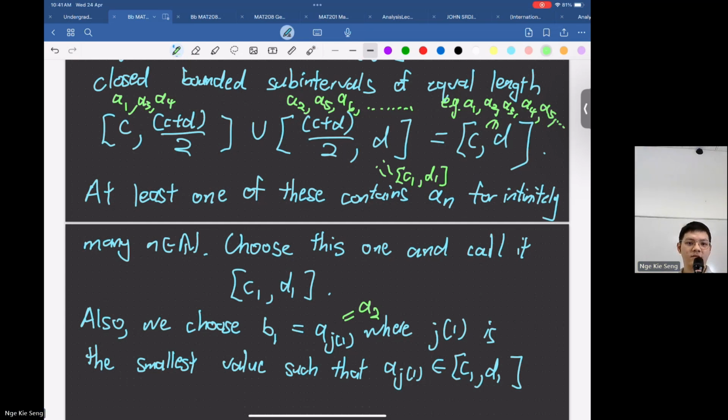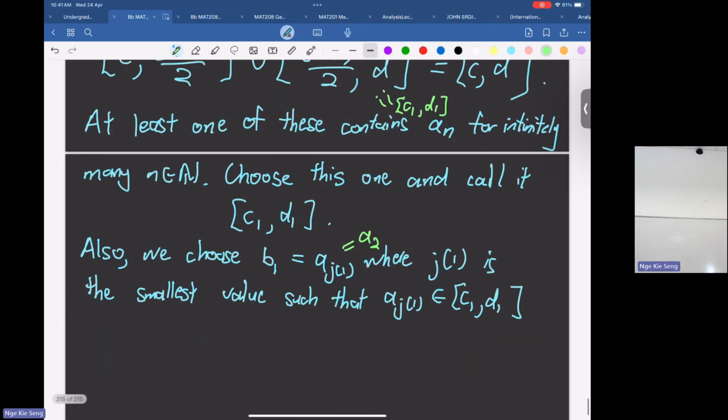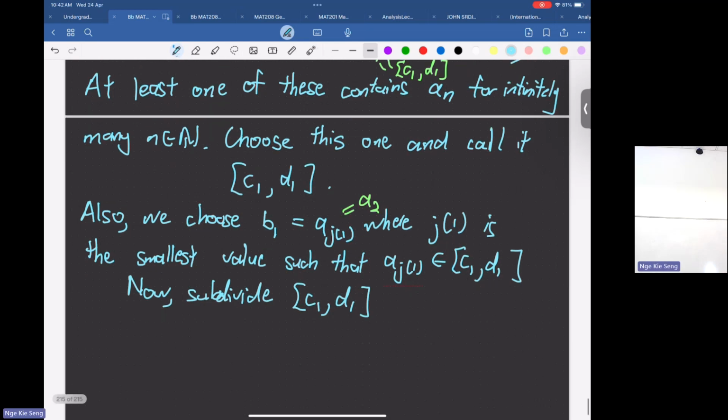So what do I do next? I repeat the process. I subdivide the interval with infinitely many terms, [C1, D1], into two halves in the same way.